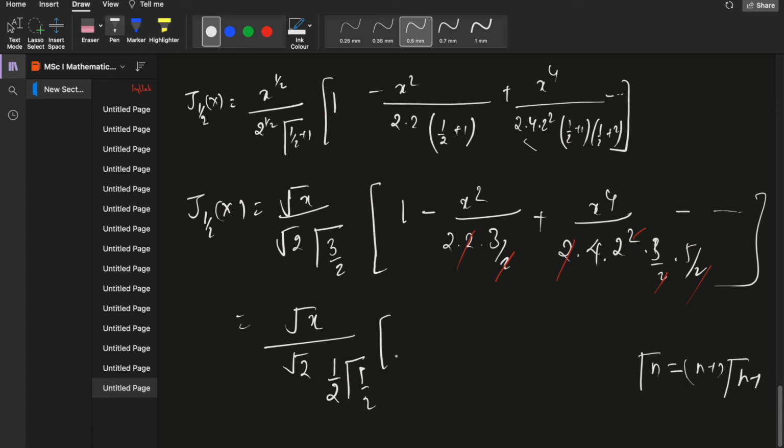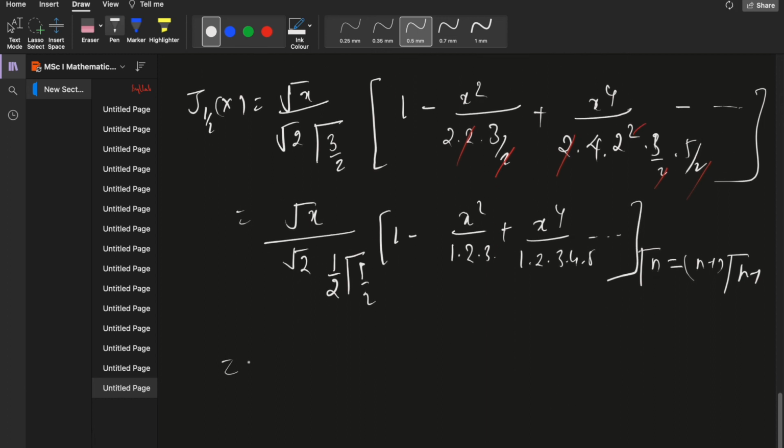Here 1 minus x square upon 1 dot 2 dot 3, plus x to the power 4 upon 1 dot 2 dot 3 dot 4 dot 5, minus and so on. Here we cancel out, only root 2 is left, so root 2 root x can be written here, and gamma function 1 upon 2 is root pi.